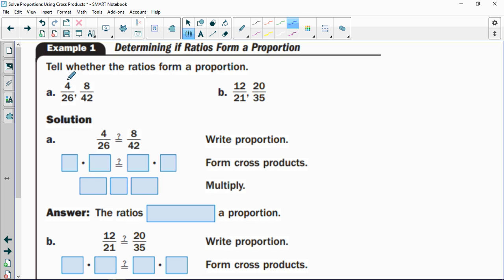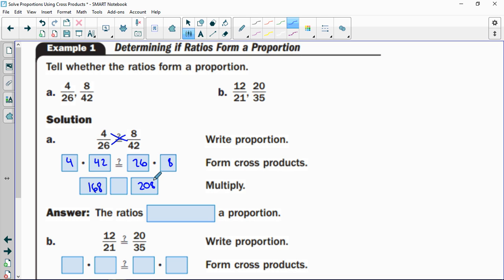So here, I'm checking to see if 4/26 equals 8/42. I'm going to multiply across this one times this one, and that one times that one. 4 times 42, and 26 times 8. I'm going to see what that equals. 4 times 42 is 168, and 8 times 26 is 208.